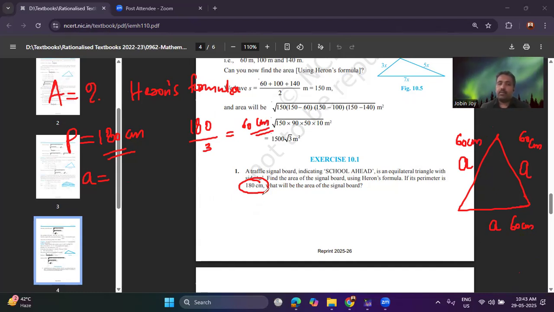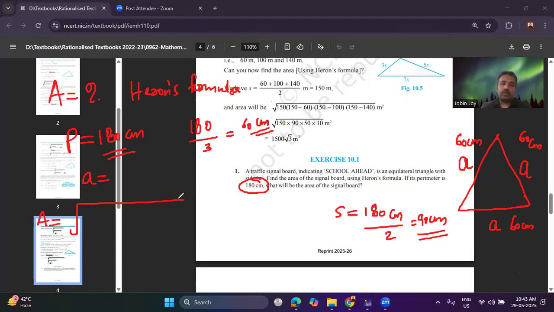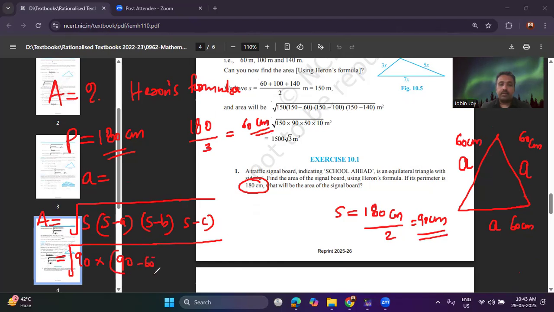Then calculate the semi-perimeter. Semi-perimeter is equal to 180 centimeter divided by 2, that is equal to 90 centimeter. So calculate the area. Area is equal to the square root of S into S minus A into S minus B into S minus C. So the square root of 90 into 90 minus 60 into 90 minus 60 into 90 minus 60.